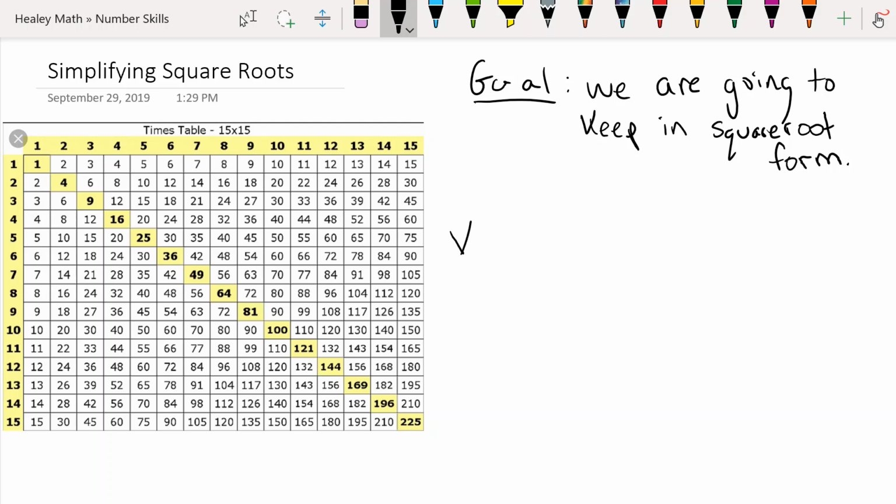Perhaps we have the square root of 12. The first step we're going to look at is: is it a perfect square number?